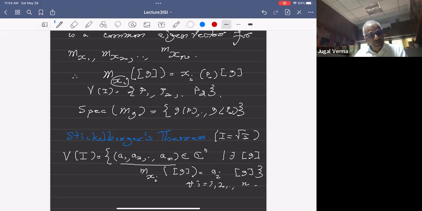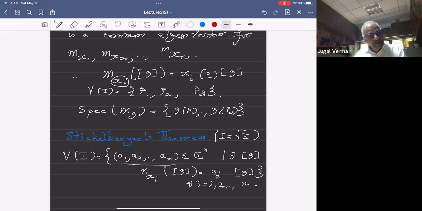Once I get hold of a common eigenvector, I will find the eigenvalues of the M_xi's, and these eigenvalues will give me one point in the solution space. And keep doing this. We know there cannot be more than D points. Some of these points may occur with multiplicity.